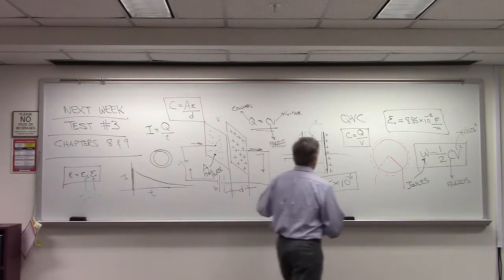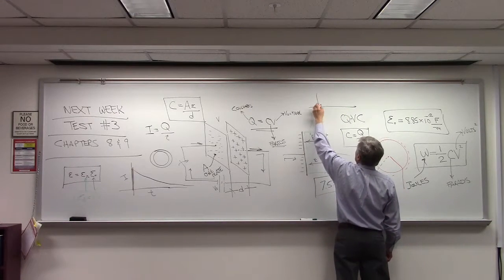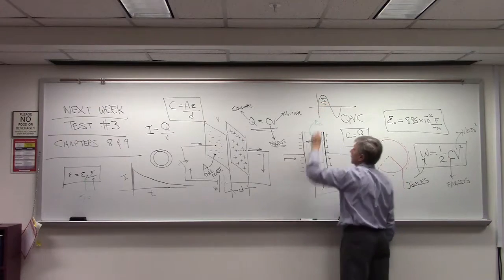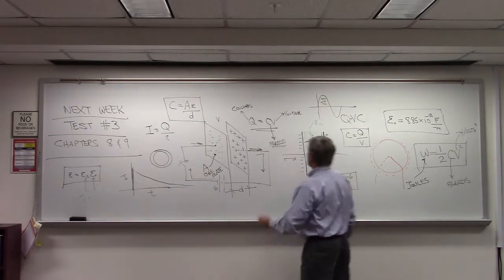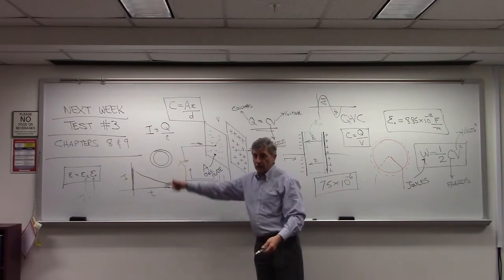You've got a voltage wave like this. Okay, so the current in that part of the wave is going this way, and the current in this part of the wave is going that way.